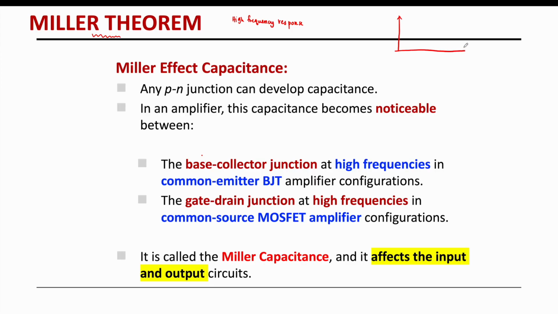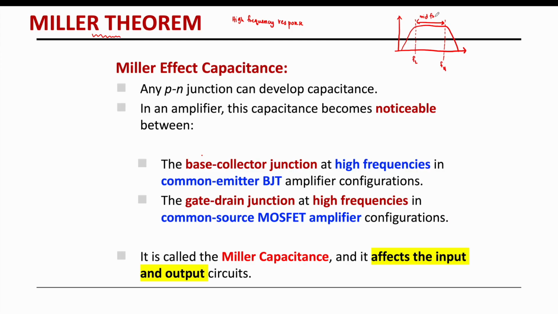let's say we have a Bode plot, and the shape of our Bode plot will be as such. This is the low frequency response, FL, and this is our high frequency, FH, and in the middle here we call this the mid frequency.